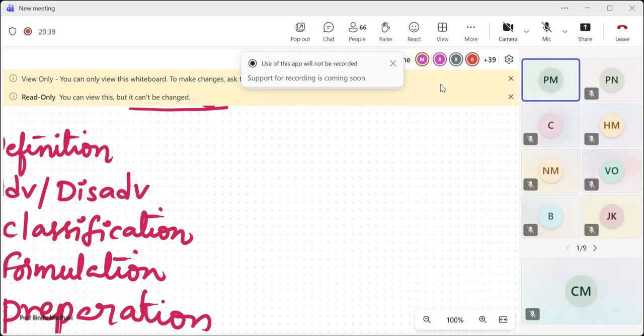So this is another advantage with the tablets. You don't require any measuring device. So these are all the advantages with the tablets.